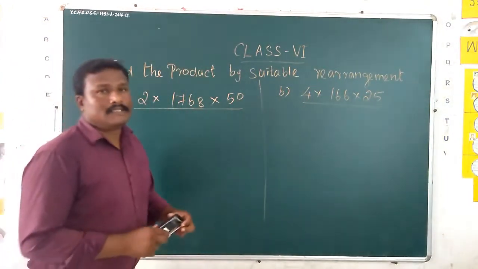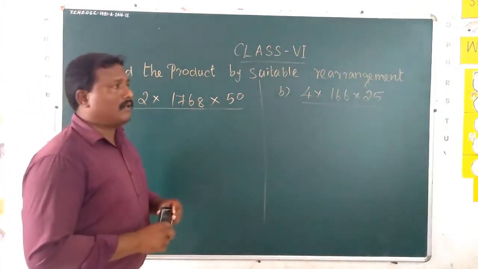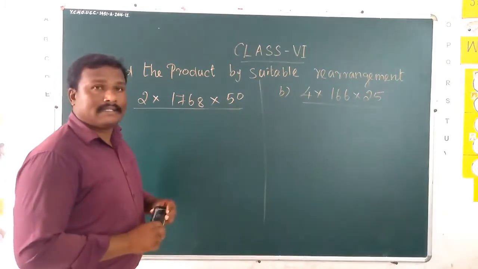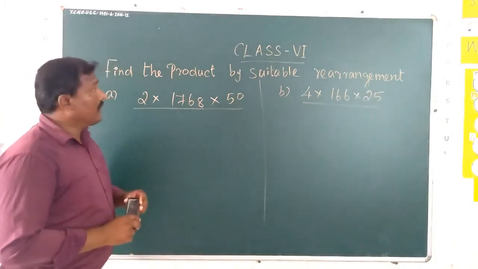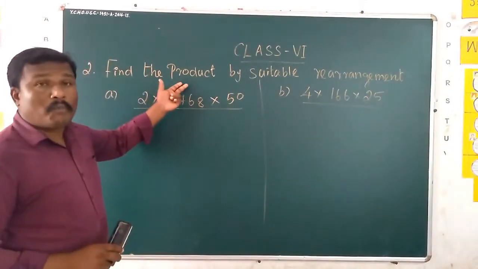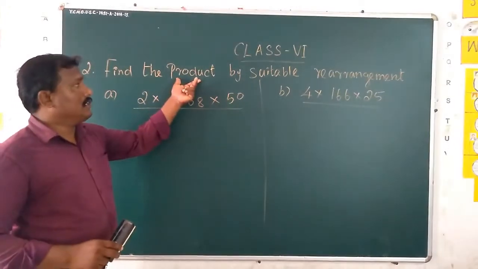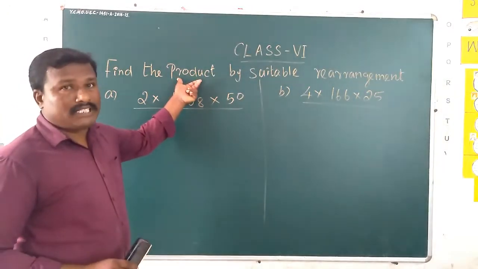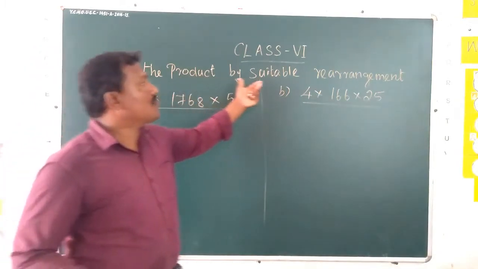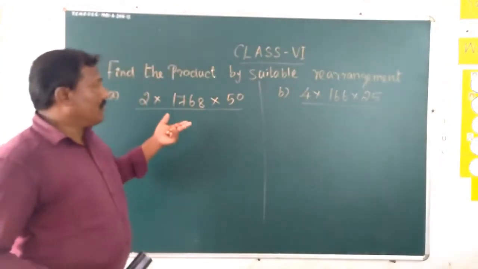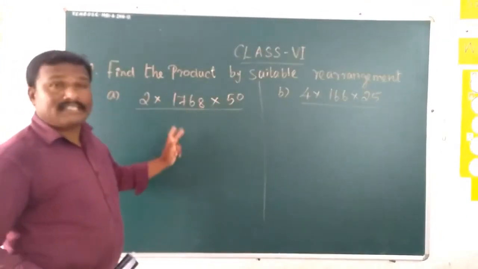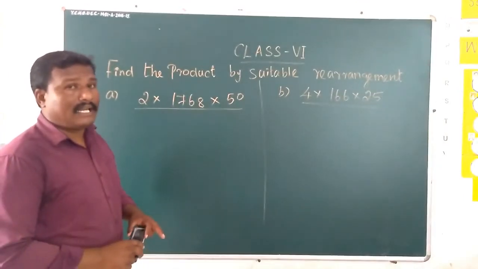Okay students, now we are going to find the solution to another kind of sum. The sum is: find the product. If you see product, it means you have to do multiplication. Find the product by suitable rearrangement. Given these kinds of sums, we have to rearrange and find the answer easily.